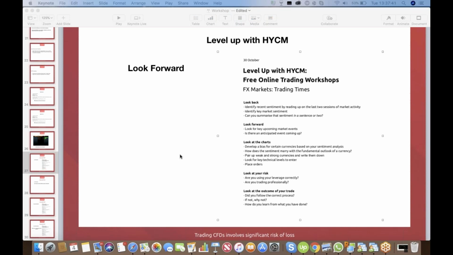It'll be thinking, I don't want to initiate a new position yet because there's a key event coming up. So you have to be aware of those scenarios. You never want to just start trading without looking at a key event or seeing what it is.